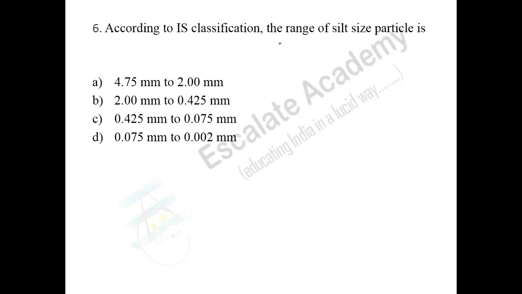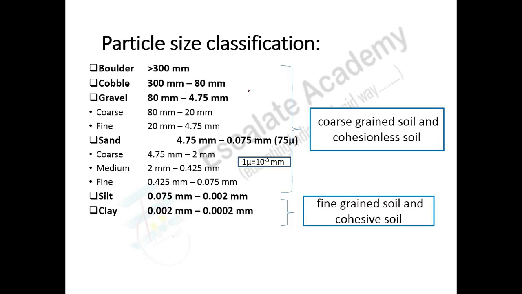According to IS classification, what is the range of silt size particle? As we have already seen, we have classified the soil on the basis of size. So let's see the chart again, which I have told you earlier also. Boulder greater than 300 mm, cobble 300 to 80 mm, and so on.